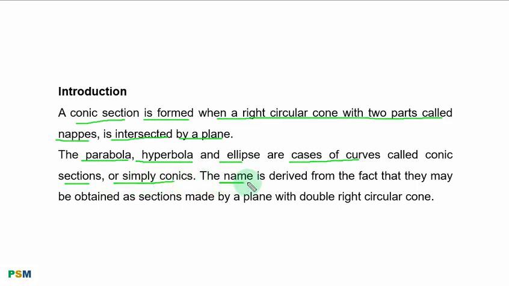The name is derived from the fact that they may be obtained as sections made by a plane with a double right circular cone. This is the reason behind the name double right circular cone.